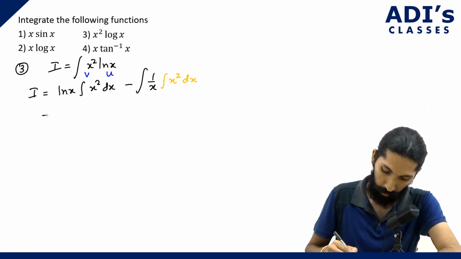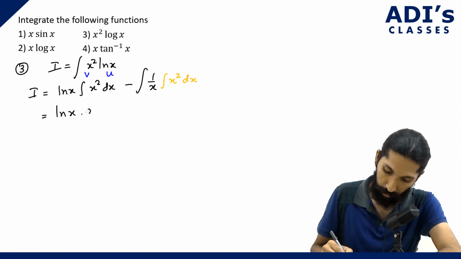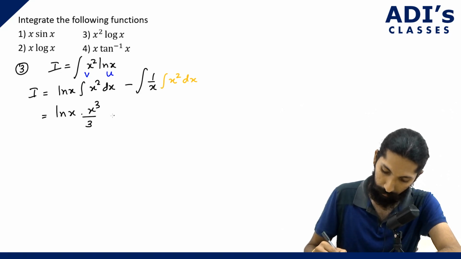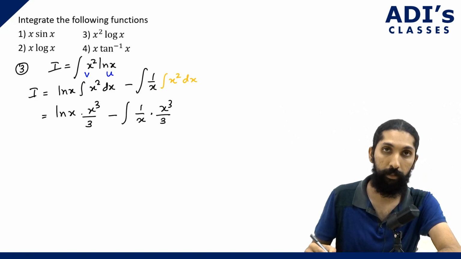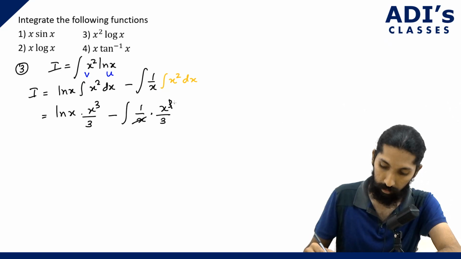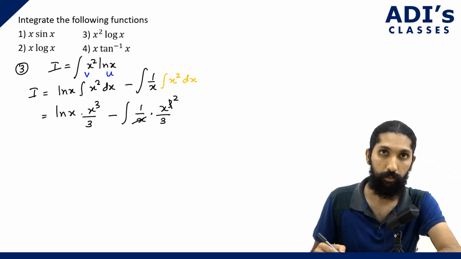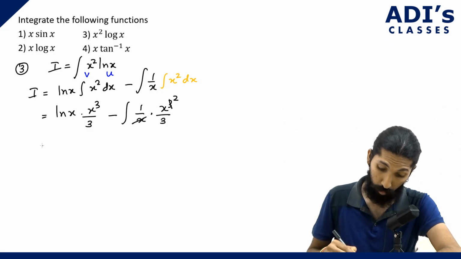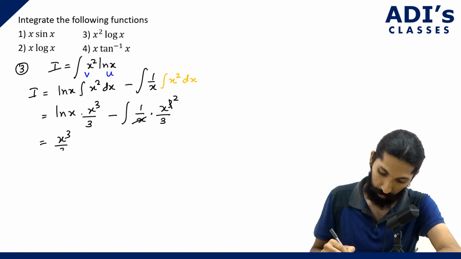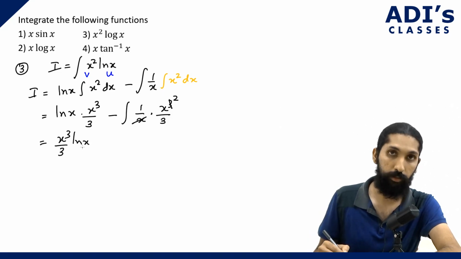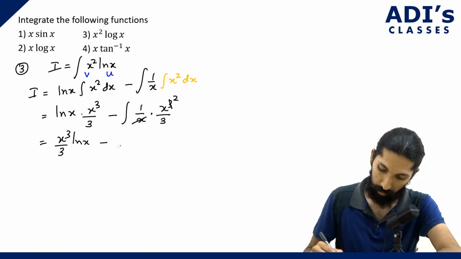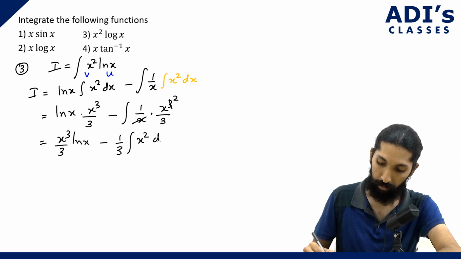Now what do we have? Log of x into x cube by 3 minus 1 by x into x cube divided by 3, right? Now one x and x cancel, you'll get x square, right? Now x cube by 3 into log of x, first part, minus 1 by 3 into the integral of x square dx, right?